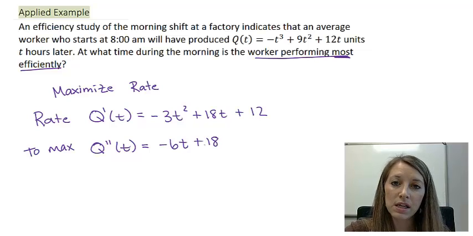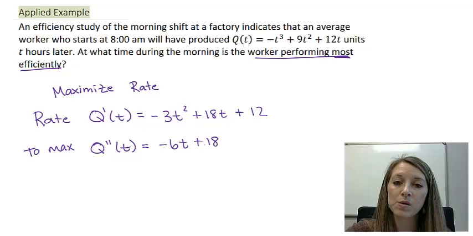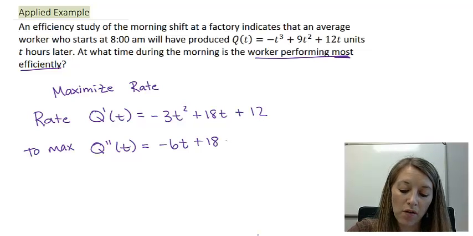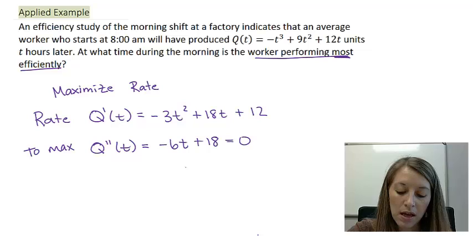Now I set this equal to 0, and whatever that gives me is my possible critical value for my rate equation. So if I set this equal to 0, that gives me that t is equal to 3.